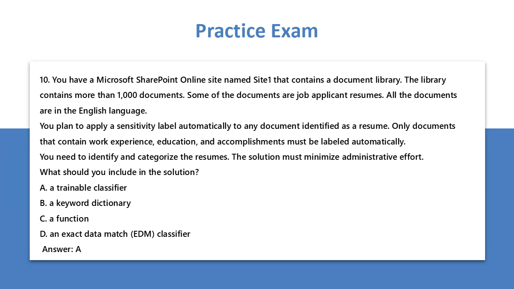You need to identify and categorize the resumes. The solution must minimize administrative effort. What should you include in the solution? A. A trainable classifier. B. A keyword dictionary. C. A function. D. An exact data match (EDM) classifier. Answer: A.